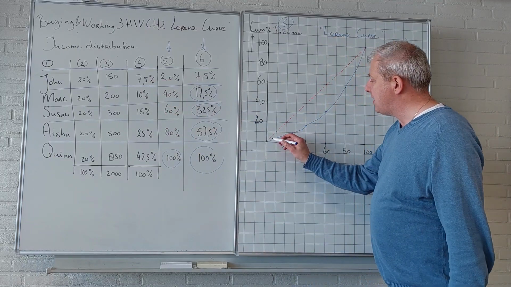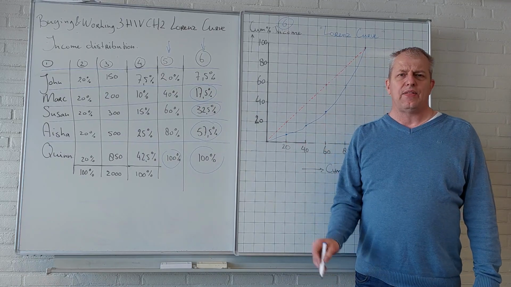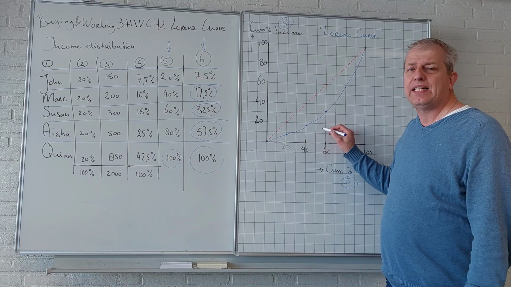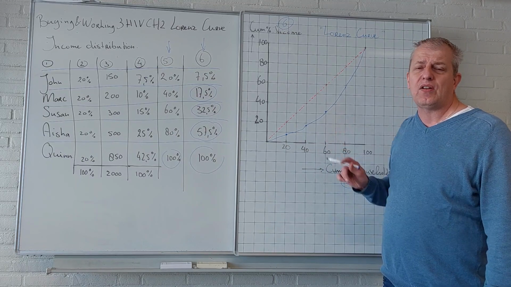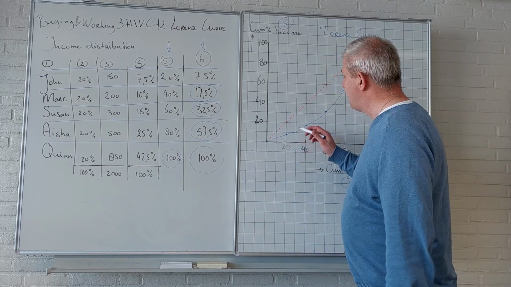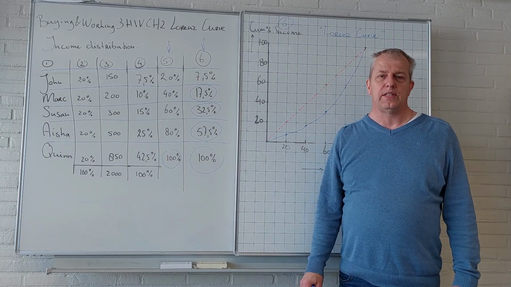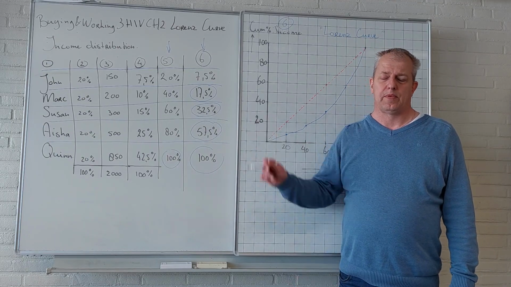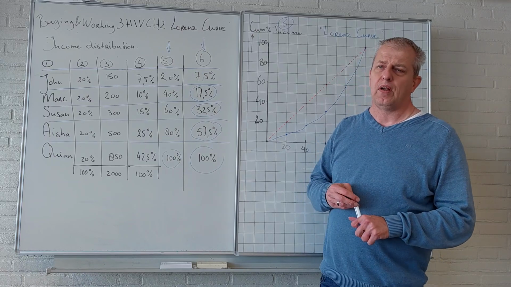With some imagination, you can see that this looks a bit like a belly. And the bigger the belly, the more unequal the income is divided. Not necessarily unfair, but unequal. And the flatter the belly, the more equal the income is divided amongst all the people. So, hopefully you learned how to draw the Lorenz curve.